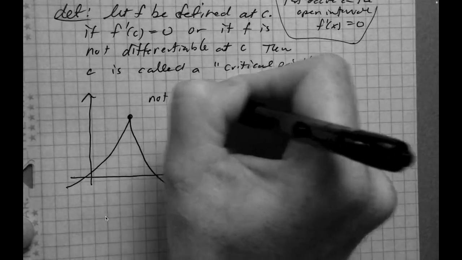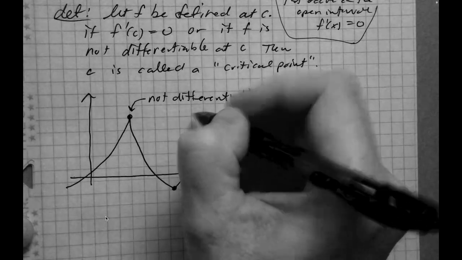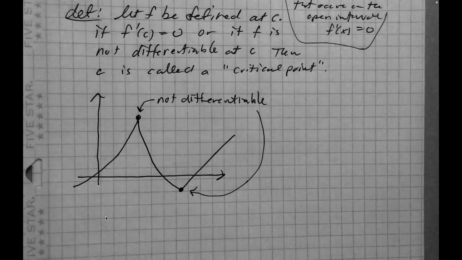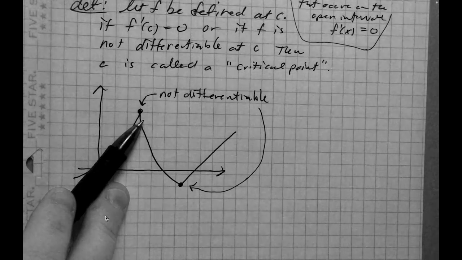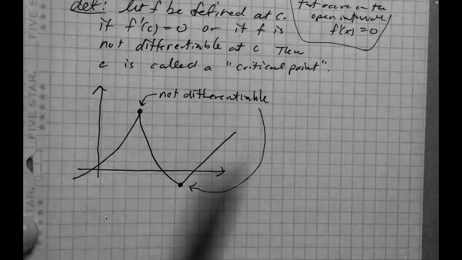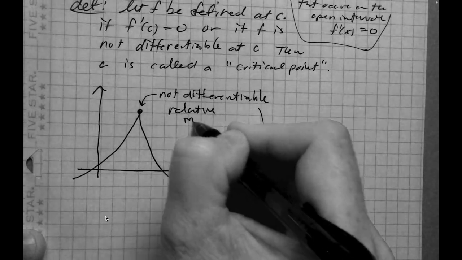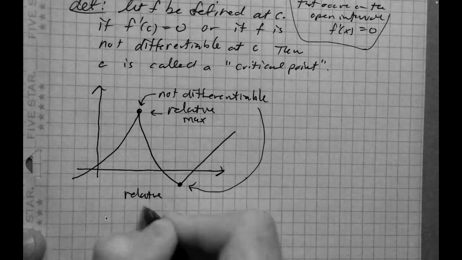It's not differentiable there, and it's also not differentiable there. So in this plot, we can see that this point up here is obviously a non-differentiable point on the graph, as is this point. This point in this case would be a relative max, and this point here would be a relative min.